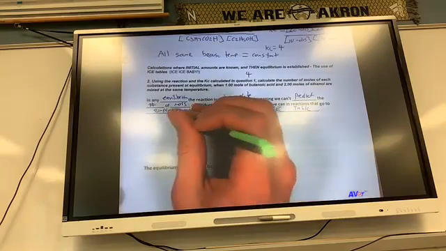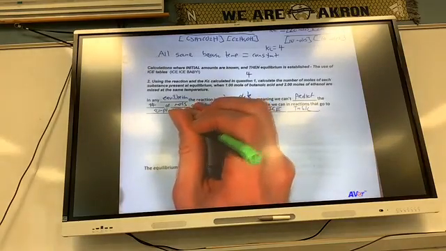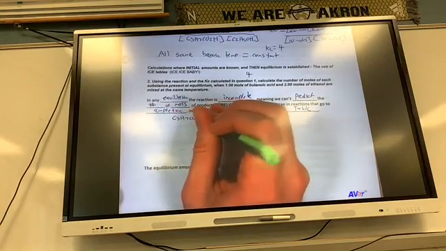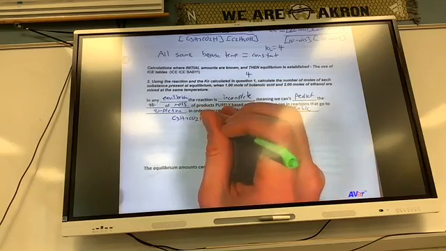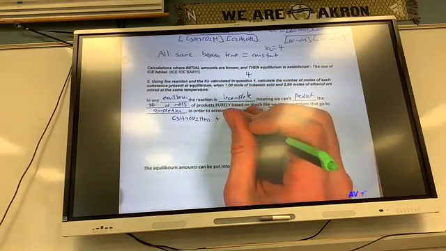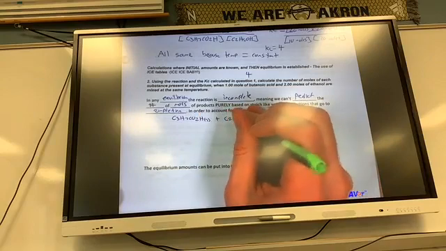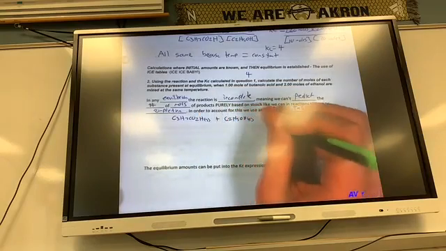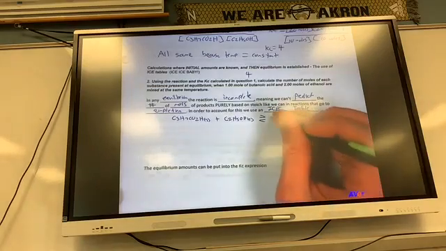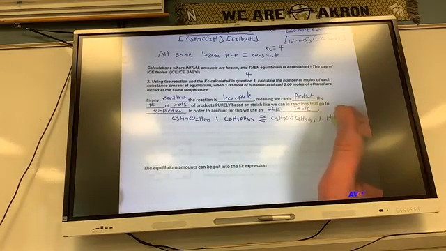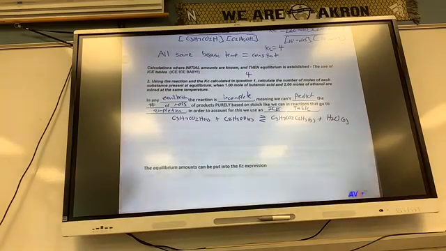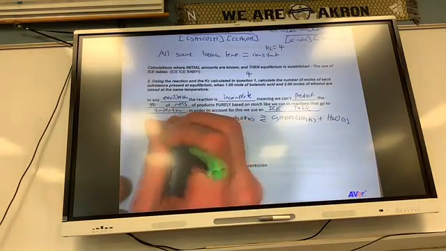So our equation is still C3H7CO2H gas plus C2H5OH gas is in equilibrium with C3H7CO2C2H5 gas plus H2O gas. Here's my equation.